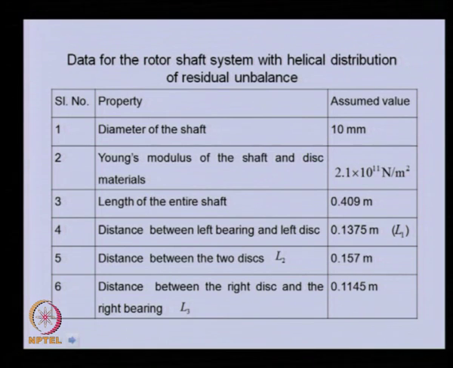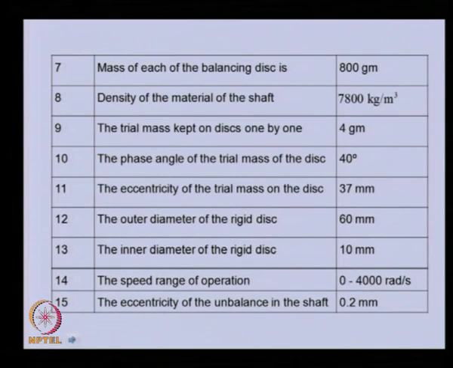In the table, this is the diameter of the shaft, the property of the shaft, that is Young's modulus of shaft and disc, the total length of the shaft, the distance between the bearings, the distance between two discs, and various other geometry. Apart from that, the mass property of the disc, and the density of the shaft, because we are considering the distributed mass property of the shaft. This will be required in the finite element formulation.